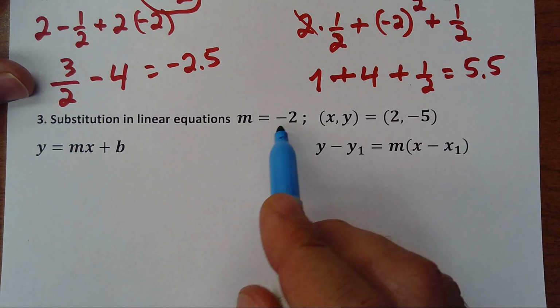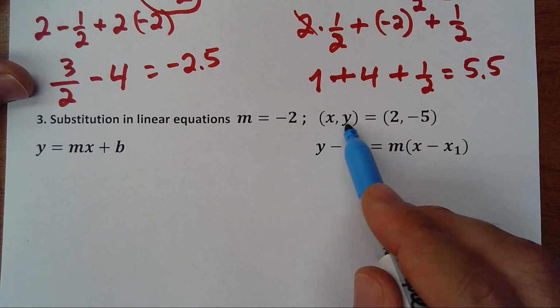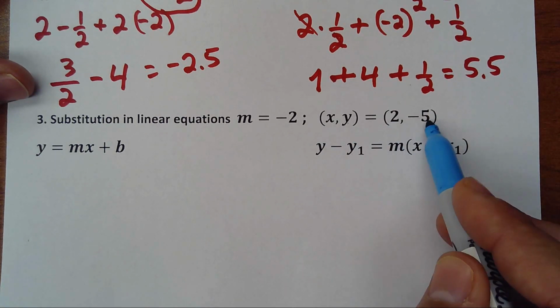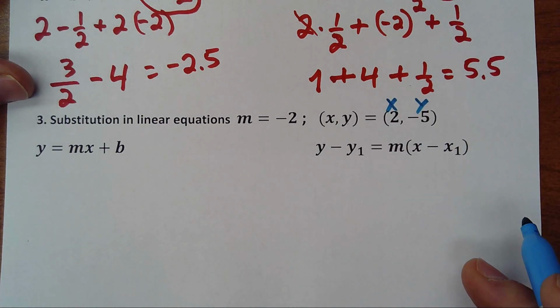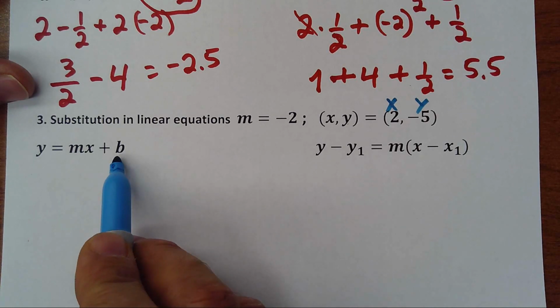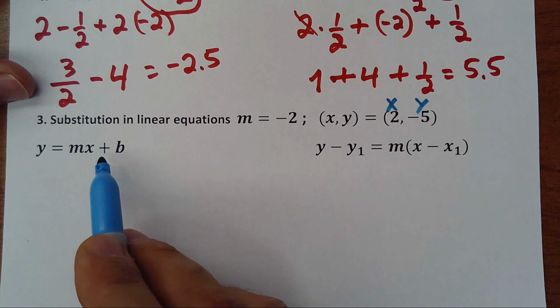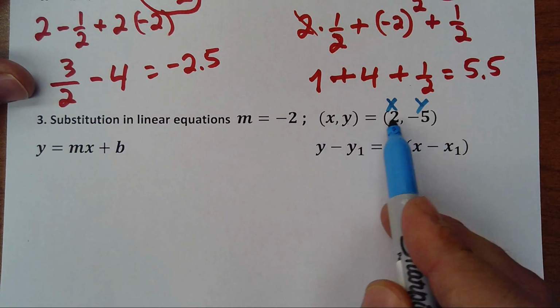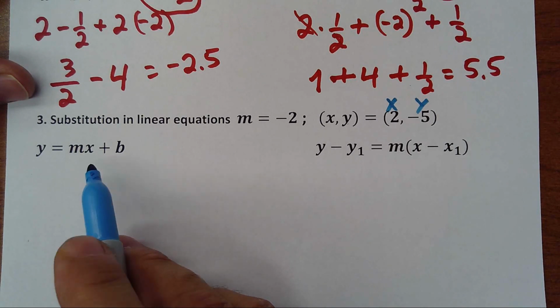m is -2, which is the slope. We're going to work on this first. And x comma y is 2 comma -5. So this is my x, and this is my y. So I substitute those values in this equation to find b. If you look here, I have 4 letters, 4 variables, and I have only 3 numbers. That means I will substitute 3, and I will find the 4th one.